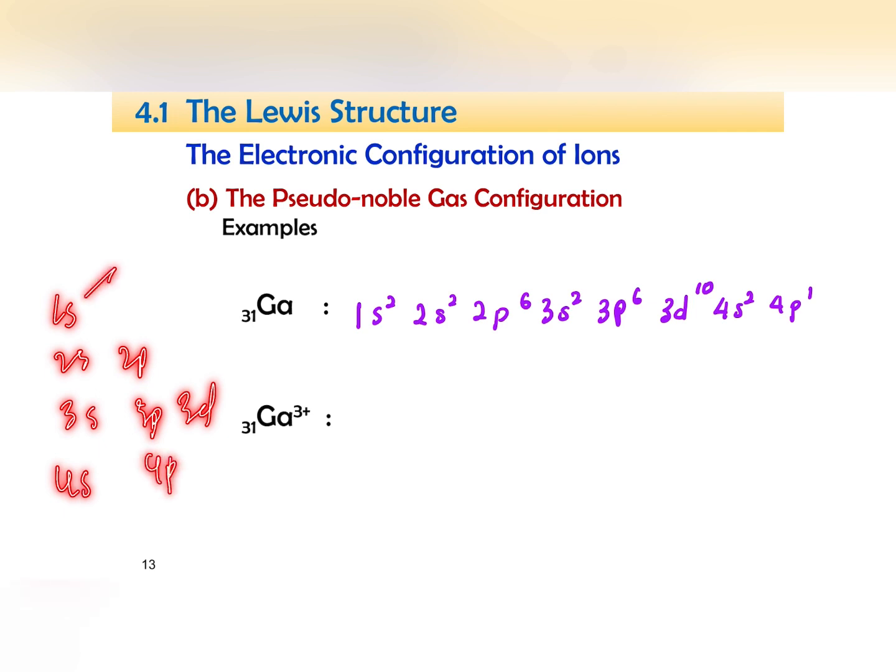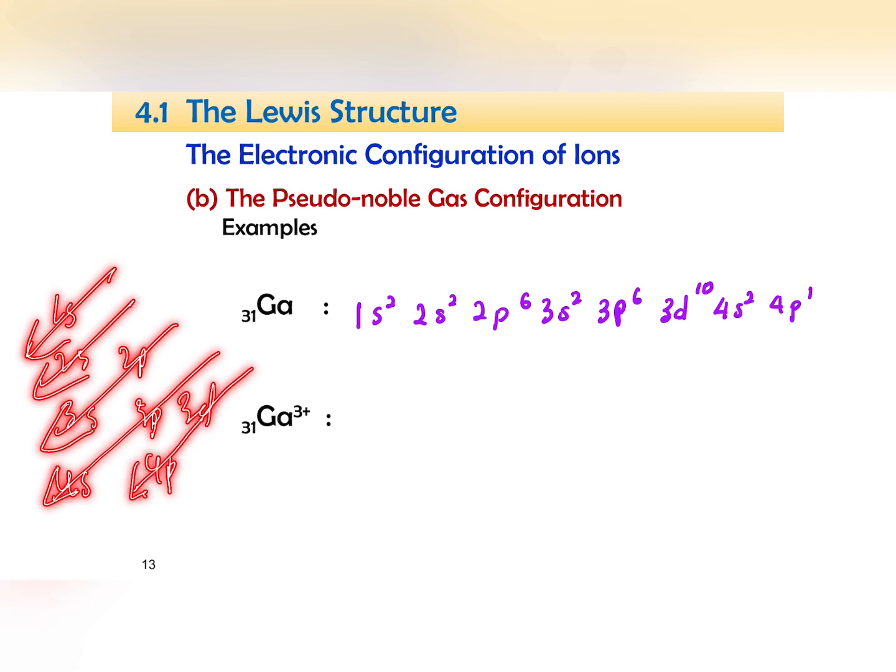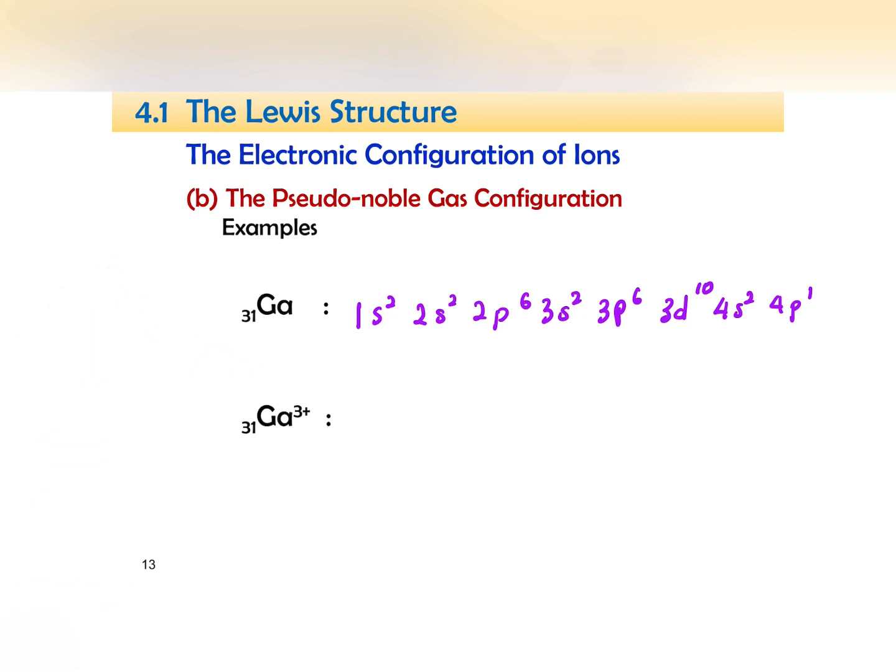So kita fill in ikut dia punya lowest energy level. 3d dah penuh, baru kita fill in 4p. So rearrange semula according to dia punya increasing number of n, 1, 2, 3, 4 and so on lah. Okay, so when you have this electronic configuration, okay, so kita tengok dekat sini.